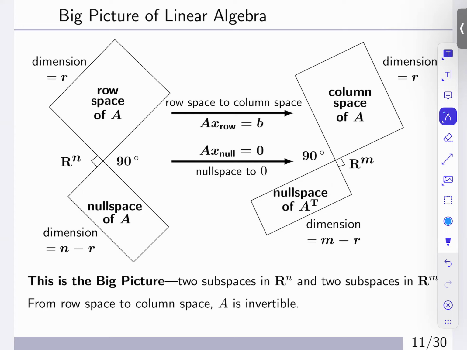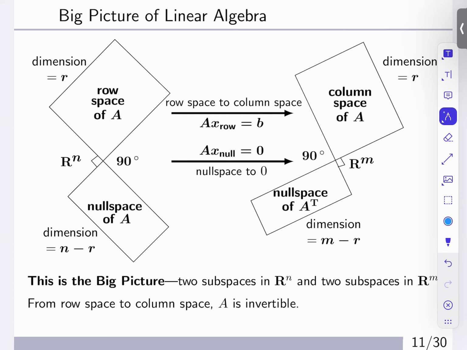The Ax is equal to 0 problem is something like this. You have one spring, you have another spring, and now you are applying the force at the center. What is the total displacement of these two springs?